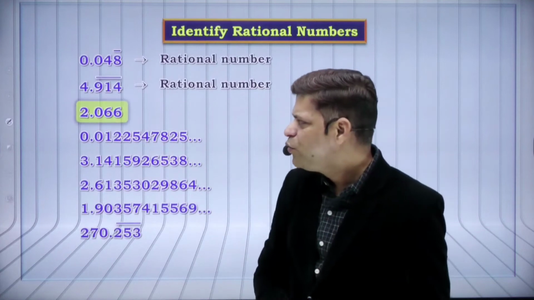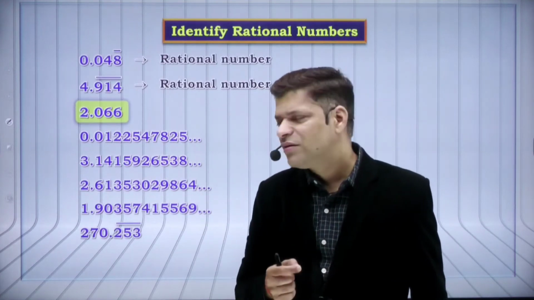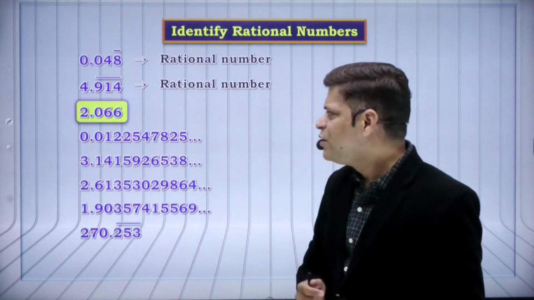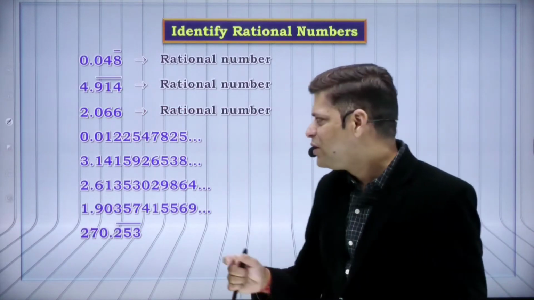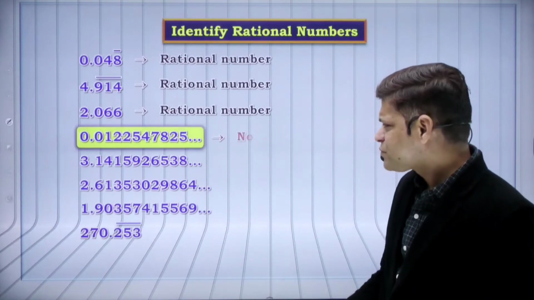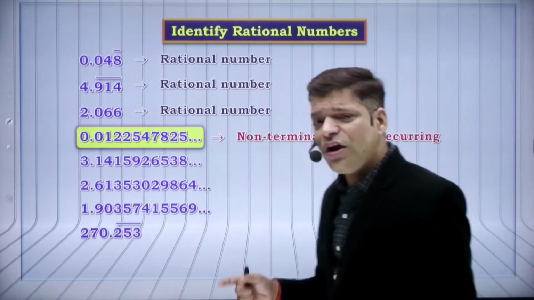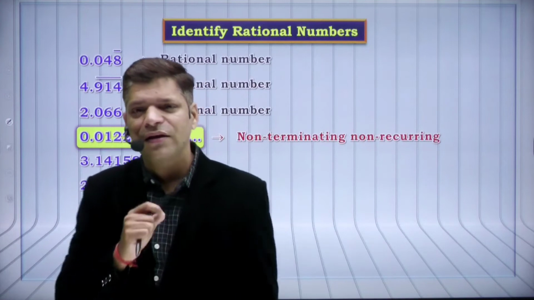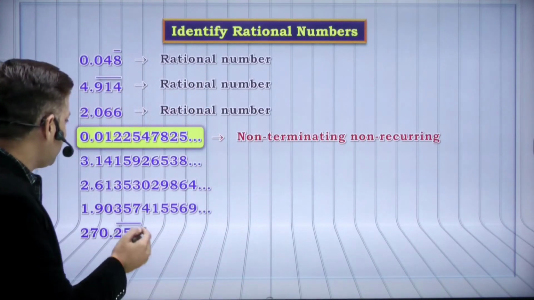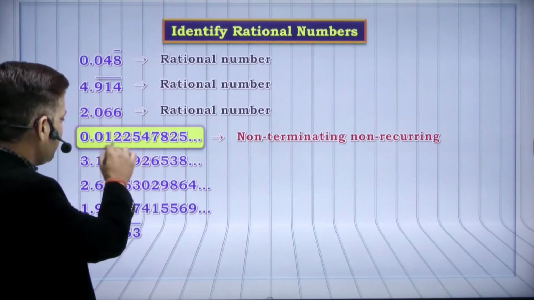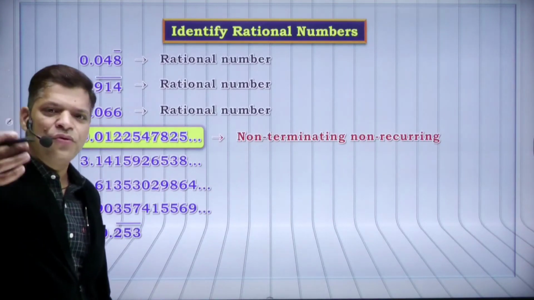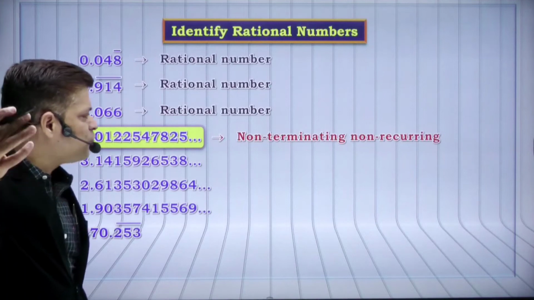The third one, 2.066, this is terminating. Okay, so we can see that this is a terminating rational number. The next one we can see is non-terminating and non-recurring. You can very easily see that after the decimal, the numbers come randomly: 0, 1, 2, 2, 5, 4, 7, 8, 2, 5 up to so on.